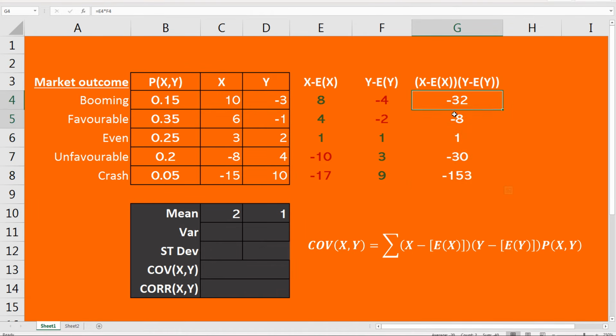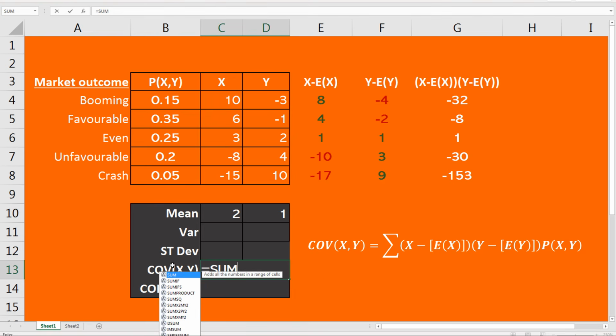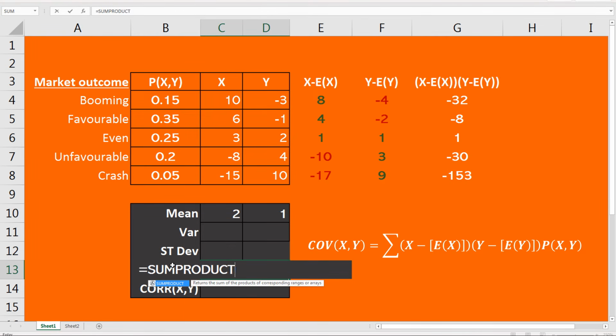So we're essentially weighting each of these outcomes by the probability of their occurrence. So we can go straight now down to our covariance here and go, well, what is the covariance? It's going to be the sum product of this array. I'll highlight that, comma, and then I'll put the array that has our probabilities.